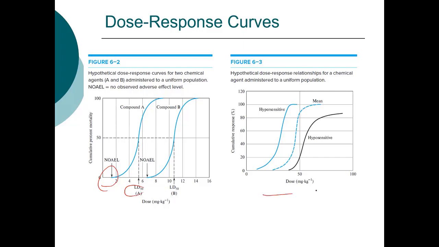And you can see in this other plot how different populations are impacted. So you have a population that's hypersensitive. So there, if we were to look at the lethal dose 50, it will be less than what we would have for the mean and less than a population that is less sensitive. Again, this all adds to the uncertainty that we have to deal with.